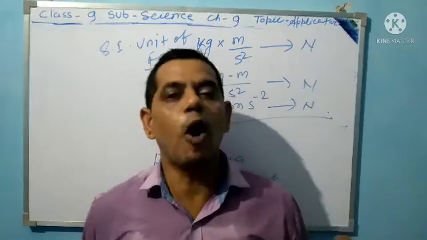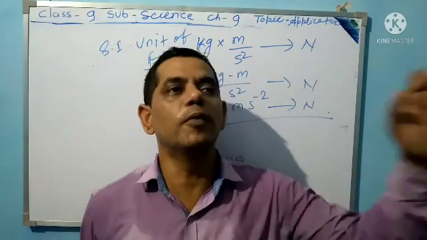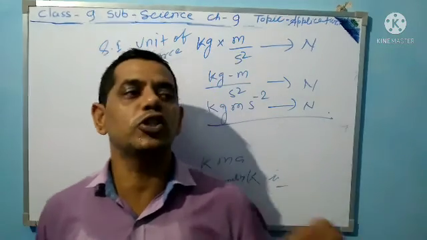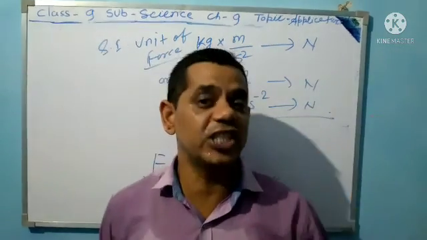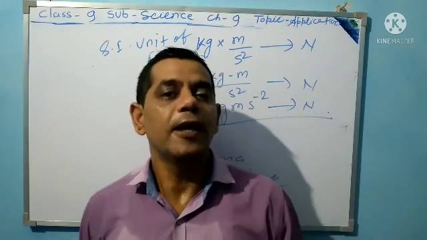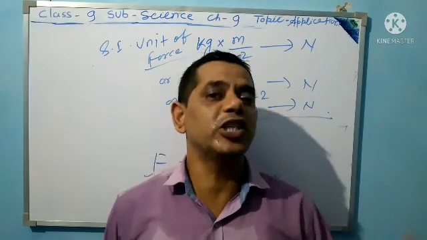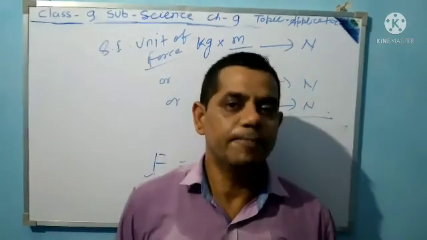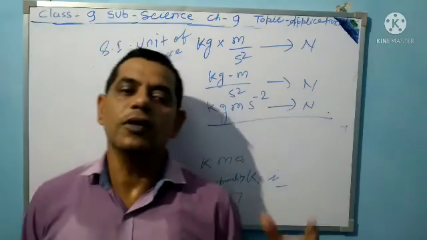If a football is struck by a person and moves from one place to another, the initial velocity changes to the final velocity with respect to time. The mass is the same at both places, so there is a change in momentum. With respect to time, this gives the formula F equals k into m.